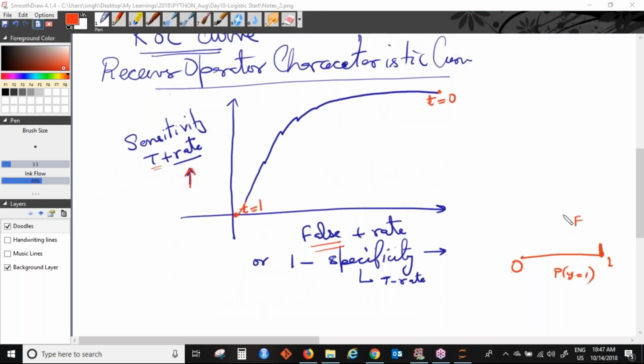Remember, when probability of y is greater than the threshold, we say it's a 1, right? So if your threshold itself is 1, how many ones will you predict?